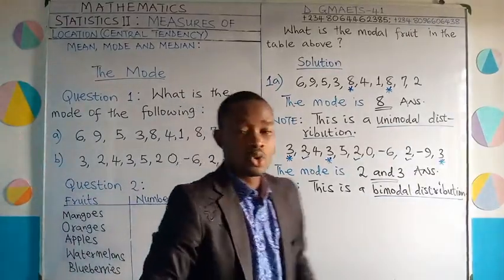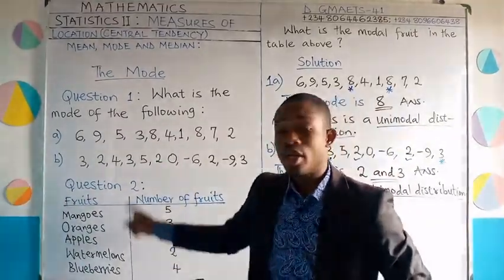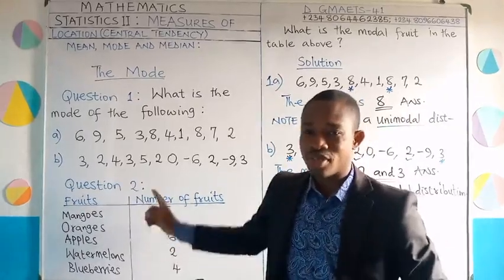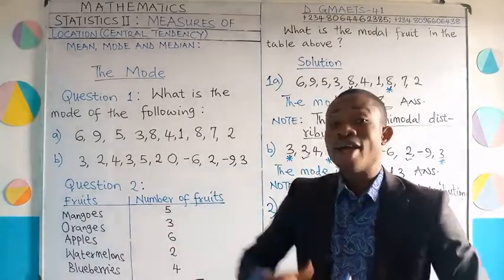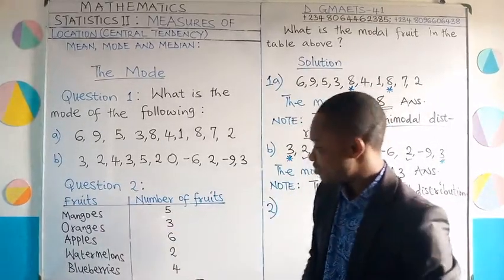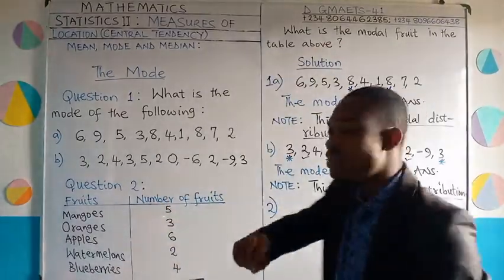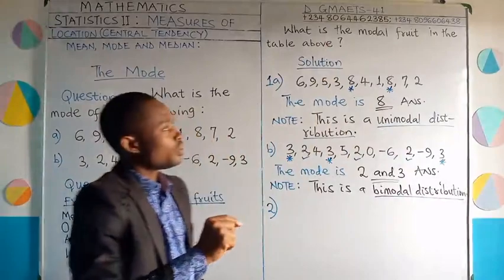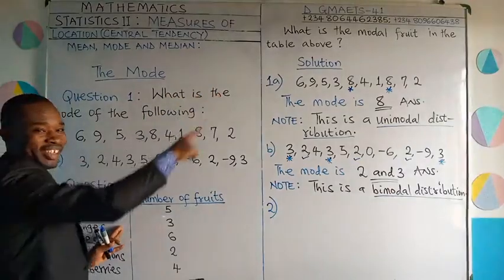Let's move on to question number 2. In question number 2, we have this table. This table was actually the table we obtained when we helped Mr. So and so, when we collected fruits and helped him to get the frequency table. Now, this is the table, and the question said, what is the modal fruit in the table above? Remember, this table is above this question.